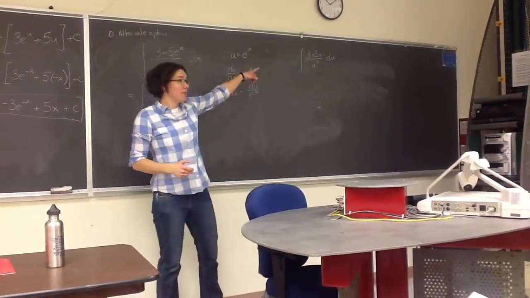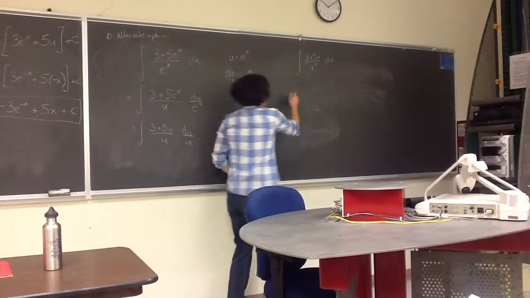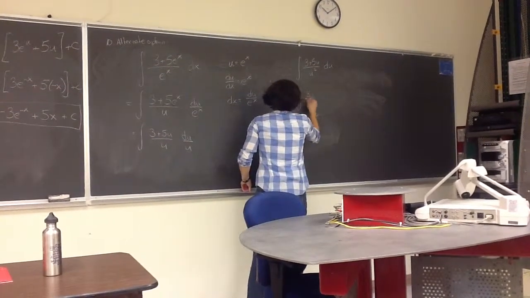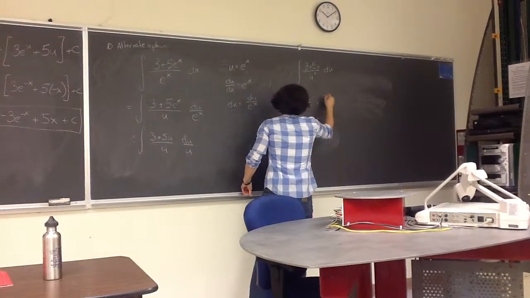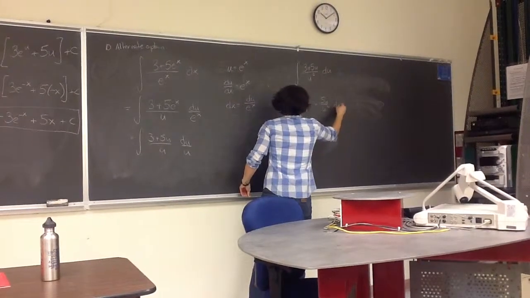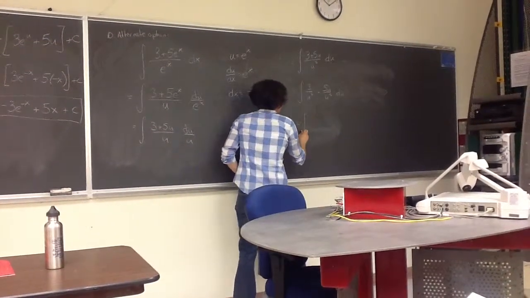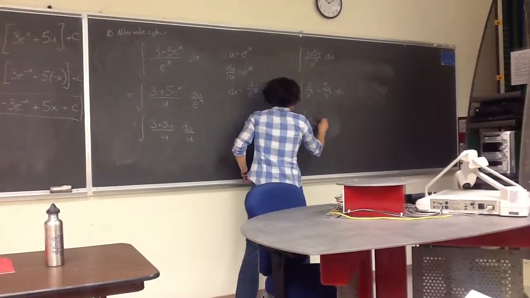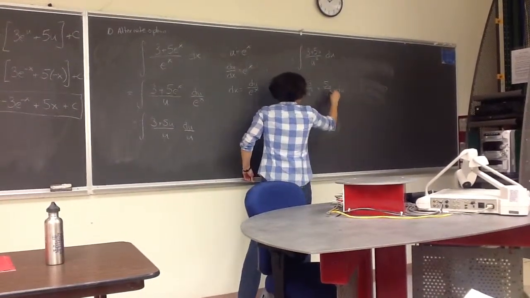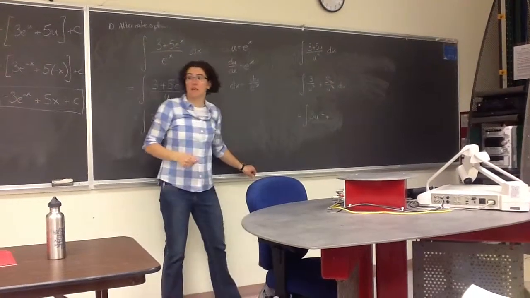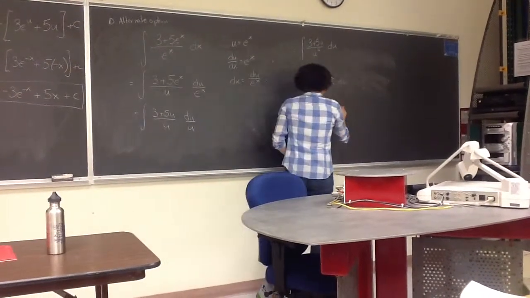And now I can simplify this fraction by writing this as the integral of 3 over u squared plus 5u over u squared du. And I can clean these up so that they're no longer fractions and write this as 3u to the negative 2. One of my u's over here cancels, and so I'm left with 5 over u.